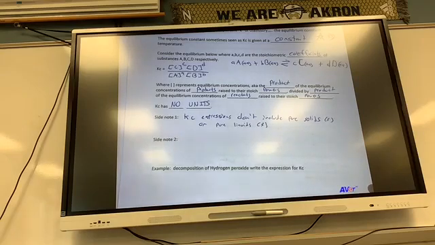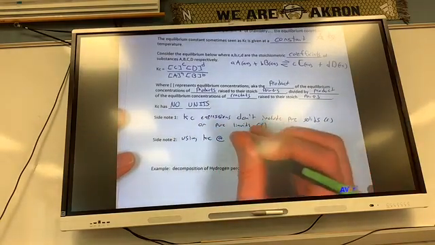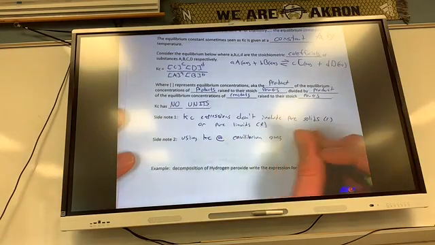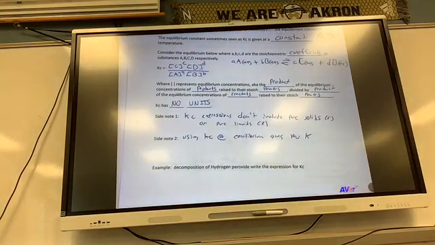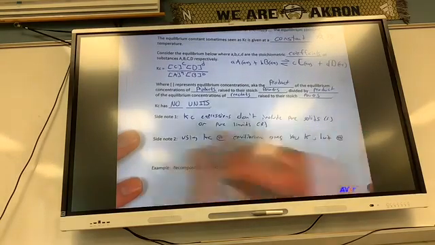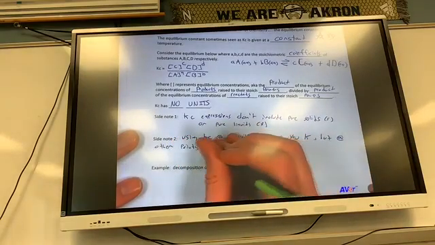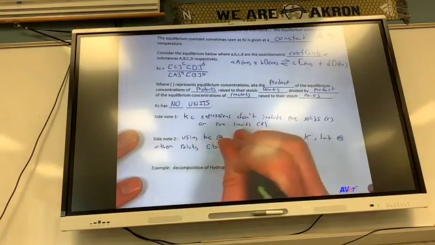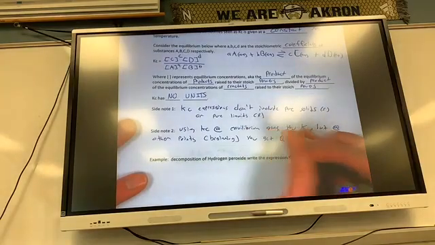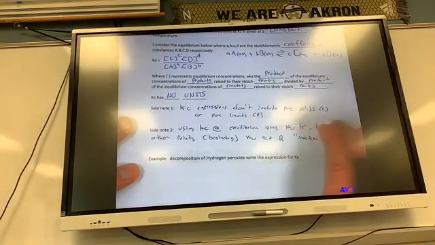Side note number two. Using Kc at equilibrium gives you K. If you use your equilibrium expression at equilibrium, you get K. But at other points, specifically, most of the time, the beginning, if you do this expression at the beginning, you get Q. Q is called the reaction quotient.